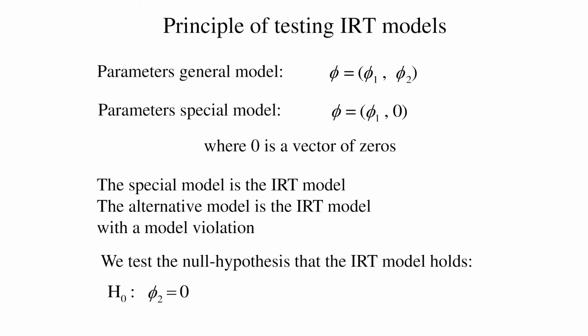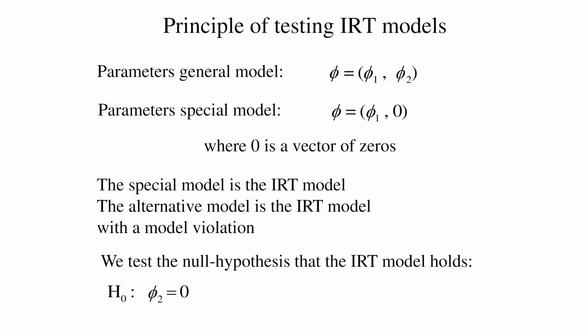The special model is usually, in this situation, an IRT model. That IRT model has parameters, let's call them phi1. And the general model has more parameters. A more general model is always built on top of a special model, so it's an IRT model, but it has more parameters in it, and we are going to compare these two models.